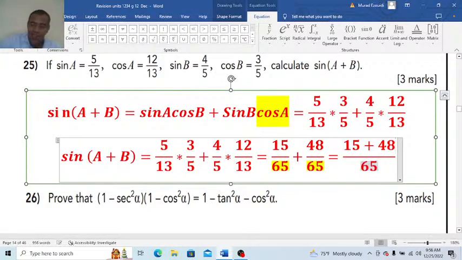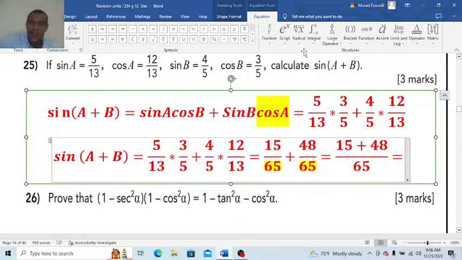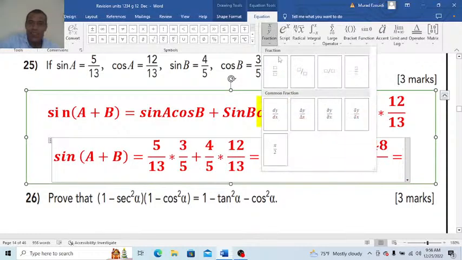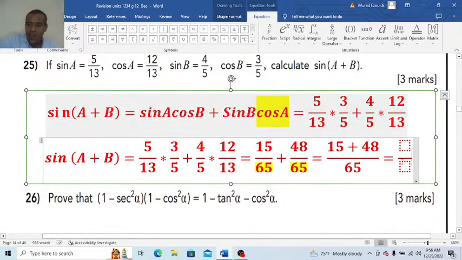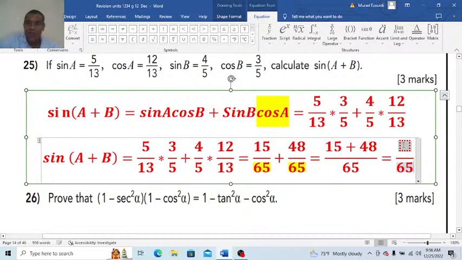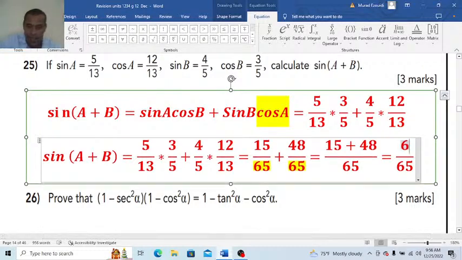You can, let's say, leave your answer as a fraction. This one, learners, is equal to what? Is equal to, I need another fraction, okay. So 65 should be written down, 65, and the total of 15 plus 48 will be 63, okay, 63.